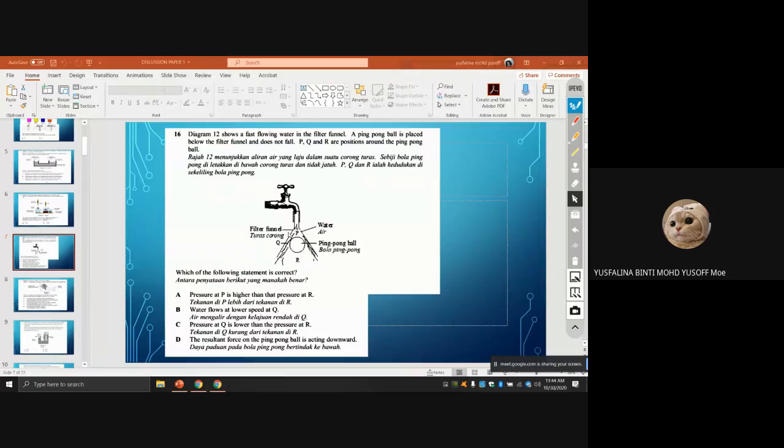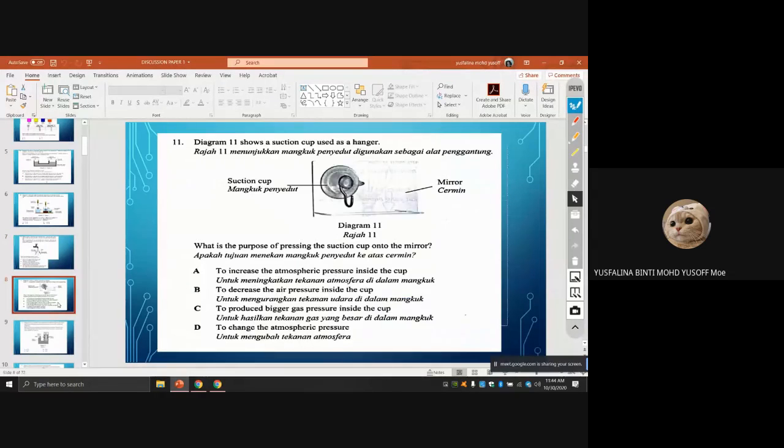Next question. Diagram 11 shows a suction cup with a hanger. What is the purpose of placing the suction cup onto the mirror? This is actually to decrease the air pressure inside the cup.